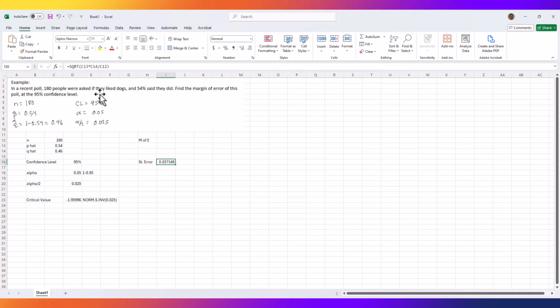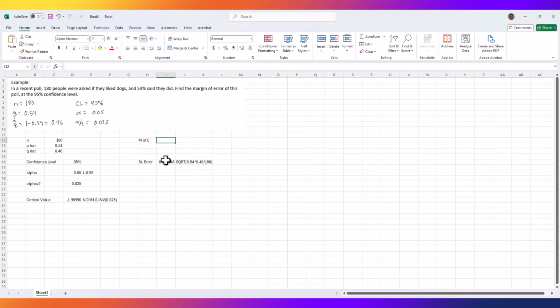I know it makes the work a little bit less clear, but it makes it also very precise. So if I edit this here, this is 0.54 times 0.46 divided by 180. Those are the numbers that went in there. So you're going to see you have the standard error in the work there.